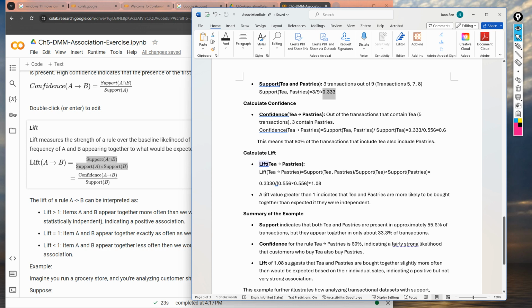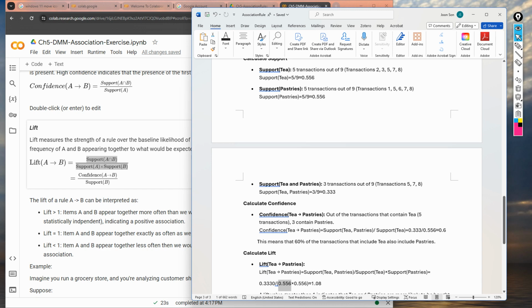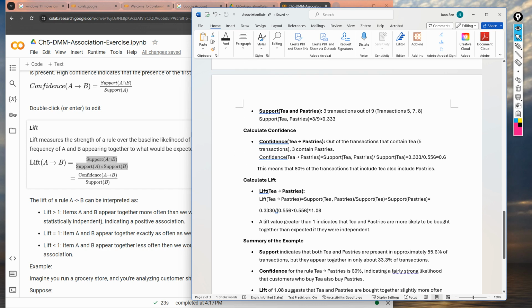Then divide by 0.556 multiplied by 0.556, since the support of tea and the support of pastry are both 0.556. The answer is 1.08.